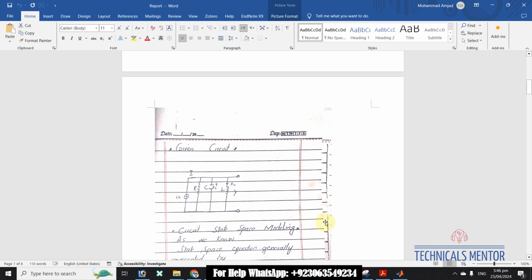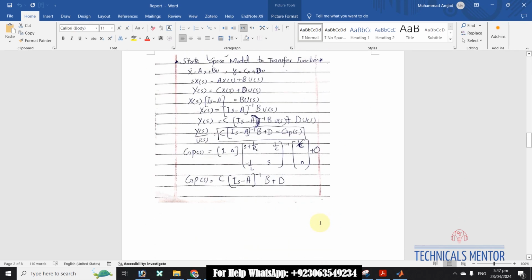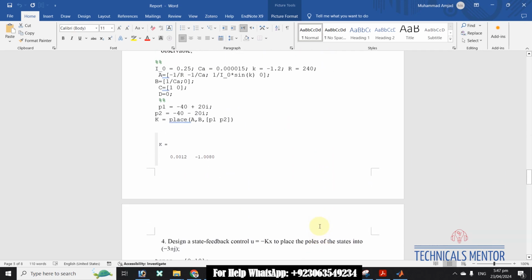We define the state space equation for our circuit. The inductor current IL is defined as IL is equal to I0 multiplied by sine of k phi, where I0 is equal to 0.25 ampere and k is equal to minus 1.2.